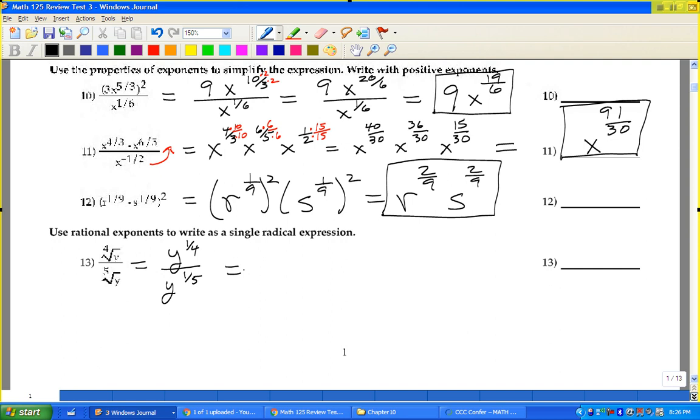Okay, and so let me subtract. I have the same base, y, and 1/4 is bigger than 1/5. So since I'm dividing, I subtract exponents. In order to subtract 1/4 minus 1/5, I need a common denominator. So the common denominator is 20. Let me multiply and divide by 5, and multiply and divide by 4.